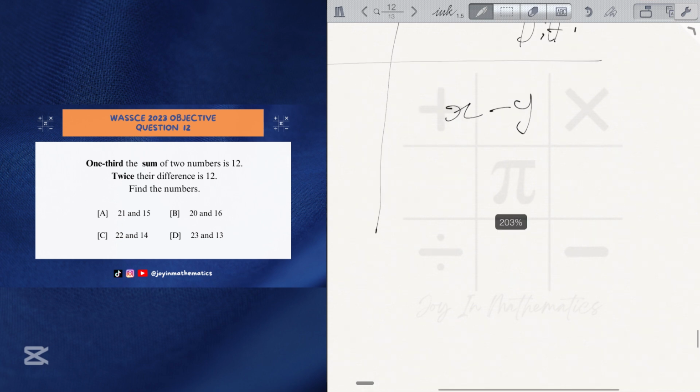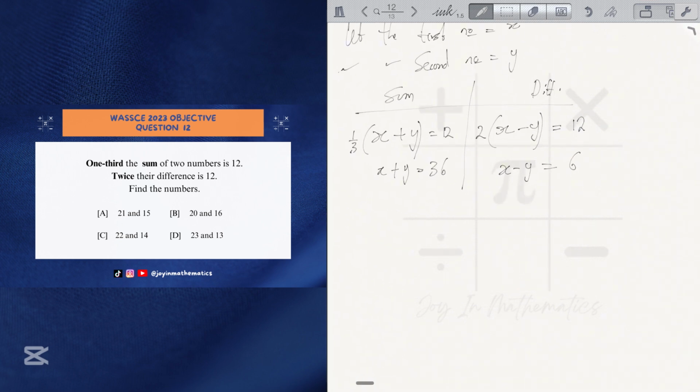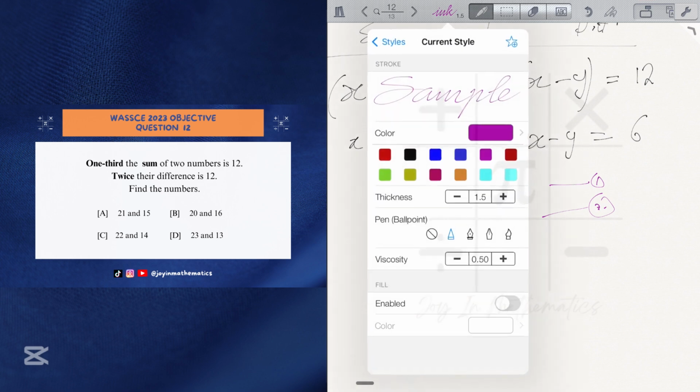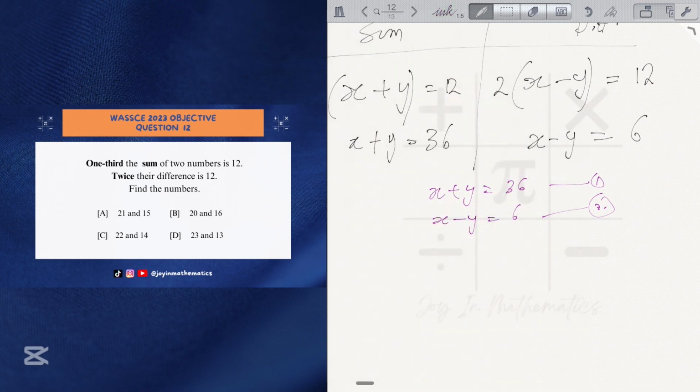Now we have two equations: x plus y is equal to 36, and x minus y is equal to 6. You can call this equation 1 and equation 2. Now all you have to do is solve for x and y. So let's use the elimination method.